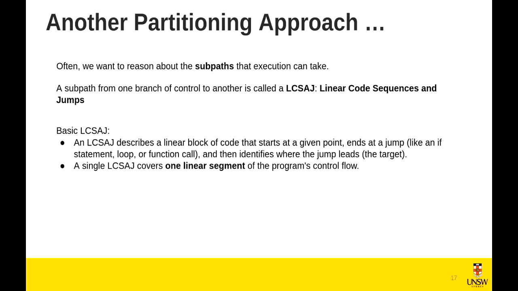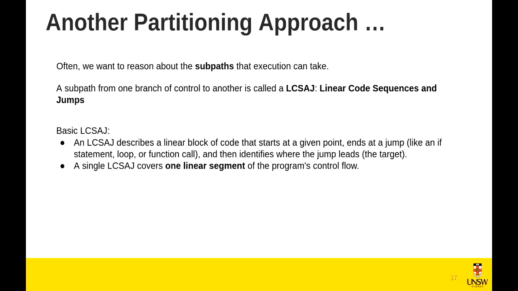Each one of the subpaths here is called a linear code sequence and jump, LCSAJ, and each one of them covers one linear segment of the control flow graph.